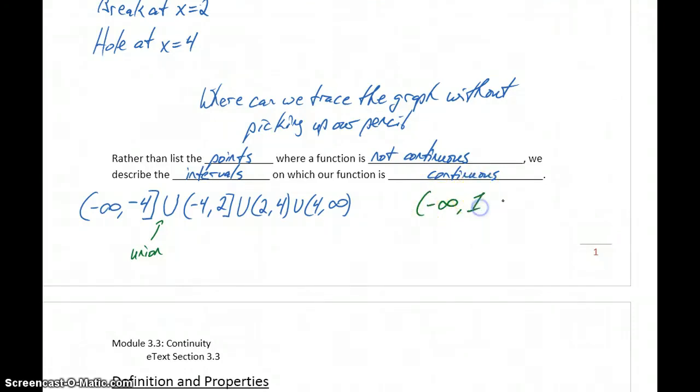That function will be continuous from -infinity to 1, union 1 to infinity. So we can trace along that graph from as small of a value as we want up to but not including 1. Then we could jump to the other side of x equals 1, continue not at 1 itself, but very, very close, and continue tracing that graph up to positive infinity.